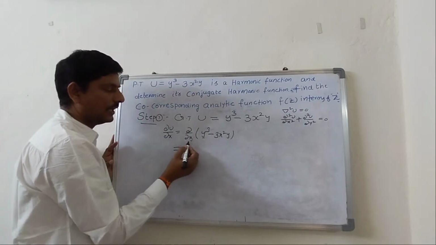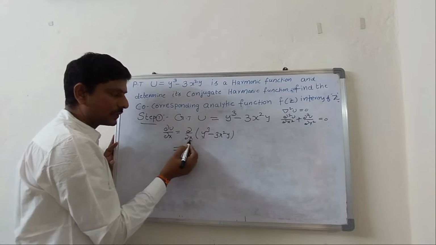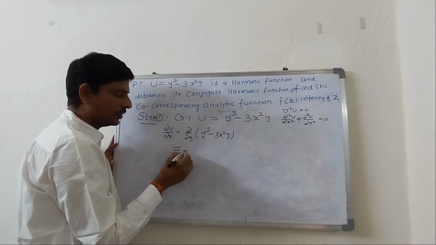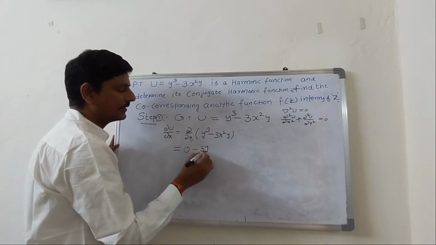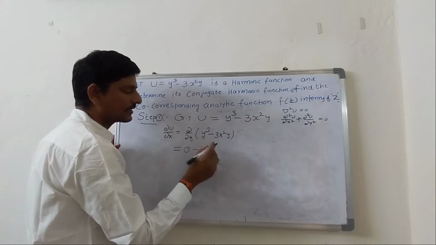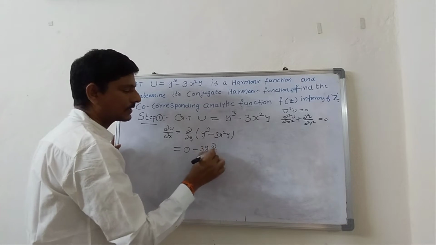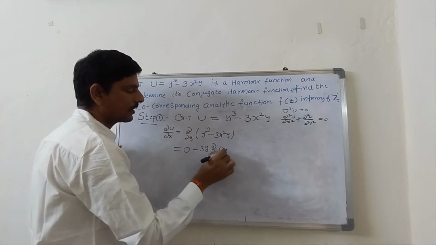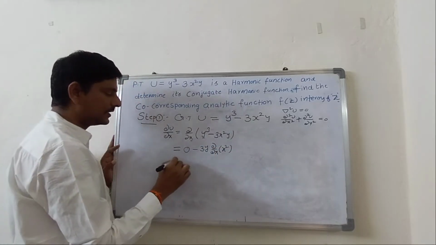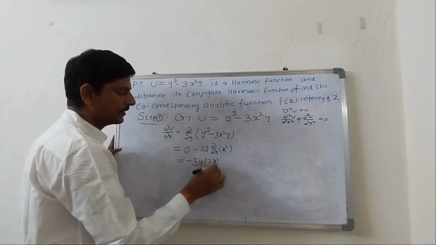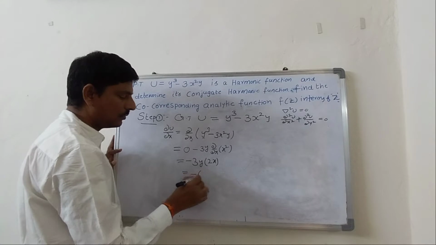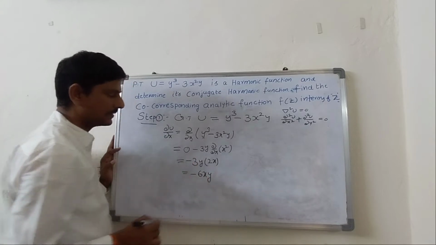Therefore the derivative of y cube with respect to x is 0, since it is constant. Minus 3y is constant here, 3y into dou by dou x of x square. So x square differentiation is 2x. So here minus 3 into 2, minus 6xy.